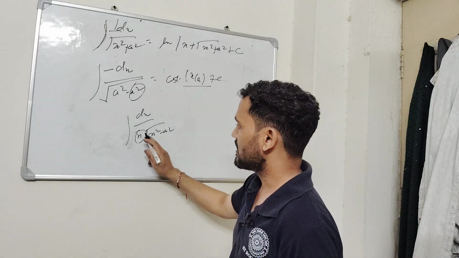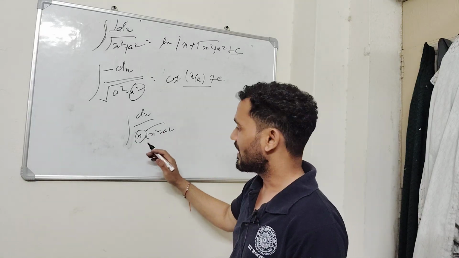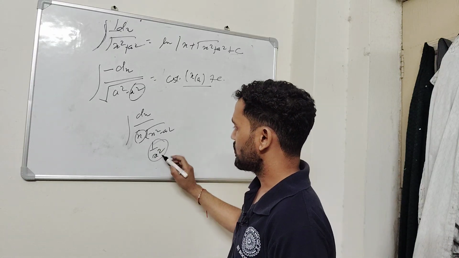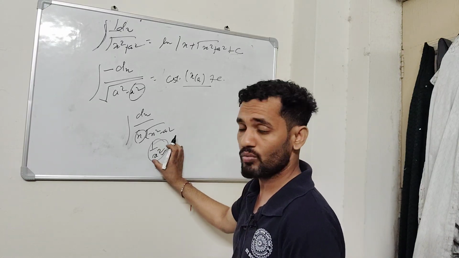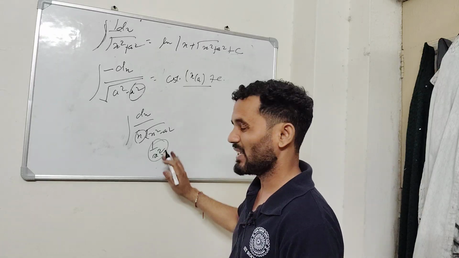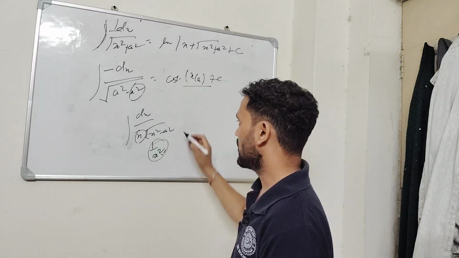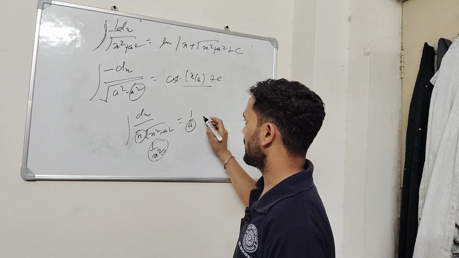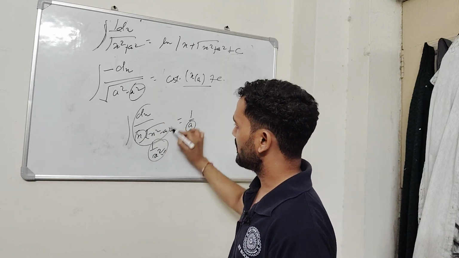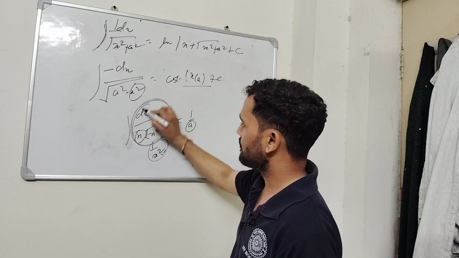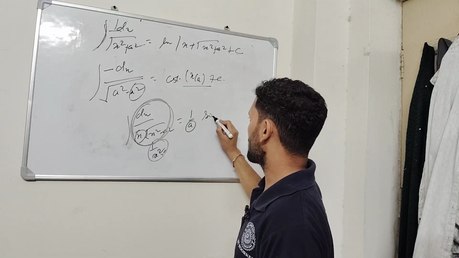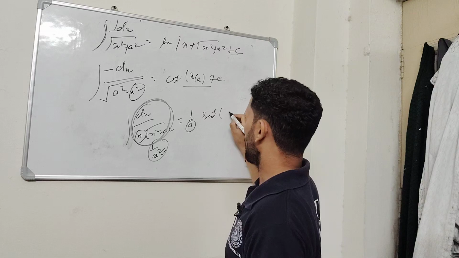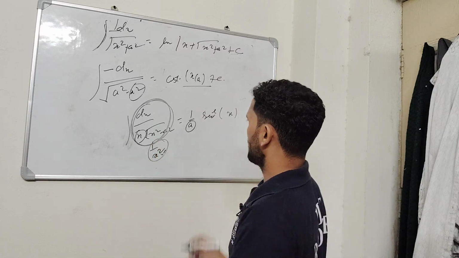The whole system is represented as x square, right? So if here is 2x to the power 2, it feels like x to the power 2, then a automatically comes into the denominator. And what is the integration of this one? Simply it's a simple formula of sec inverse of x upon a, right?